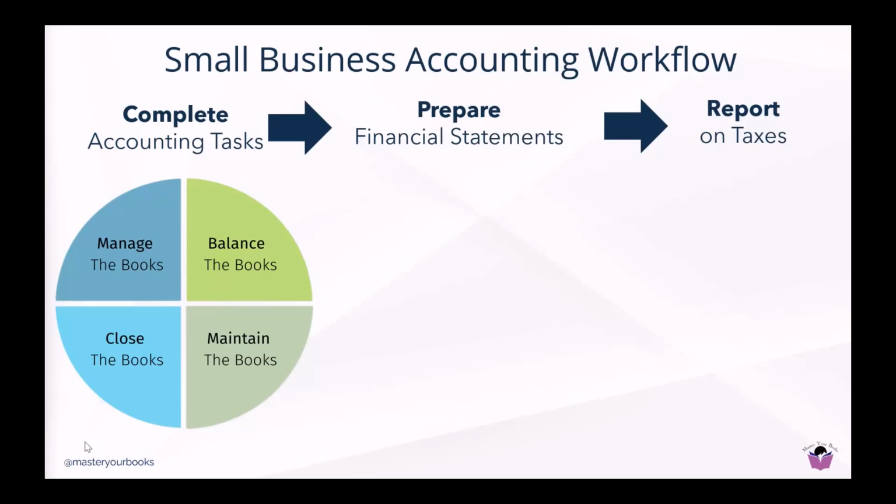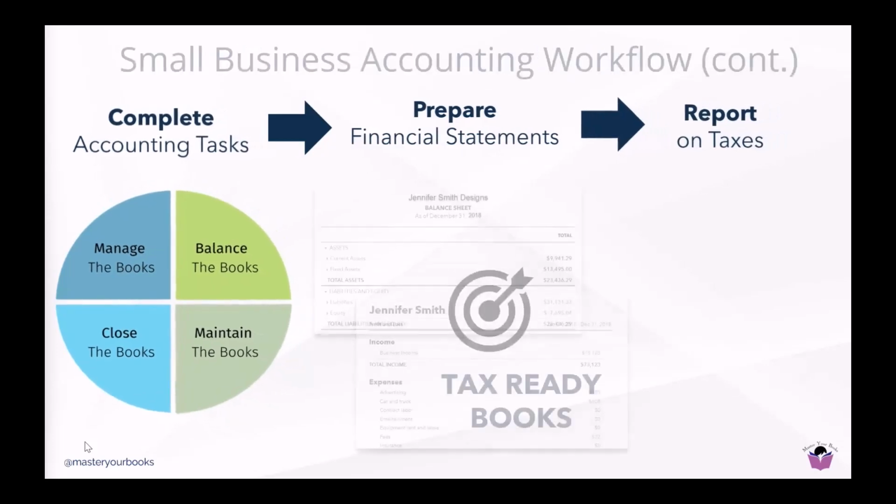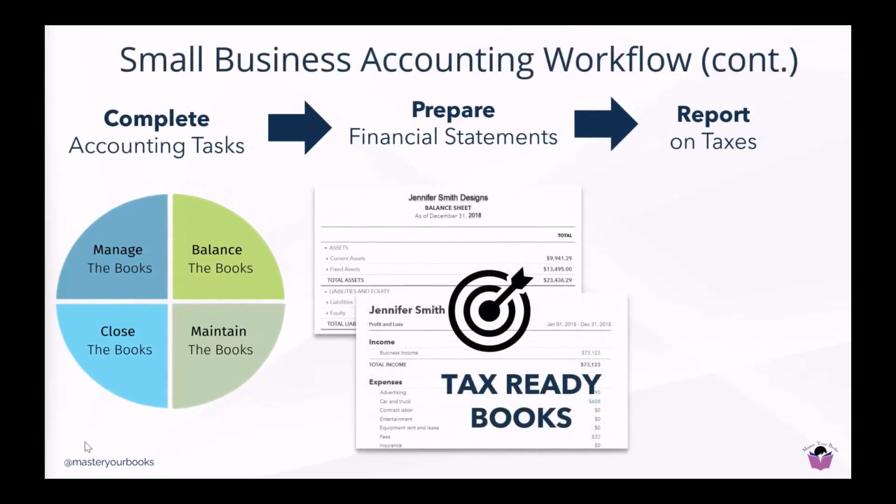But as long as you are sure that the accounting tasks are being completed, then here is the magical part. Truly accurate financial reports are being populated. And the power is that they're being populated in an automated process because you're hopefully using accounting software to be doing all of this work in the background.